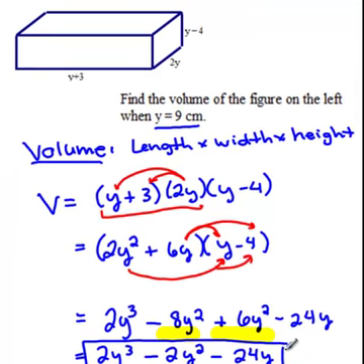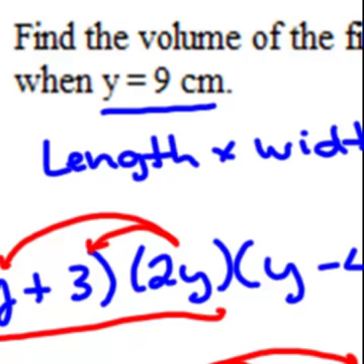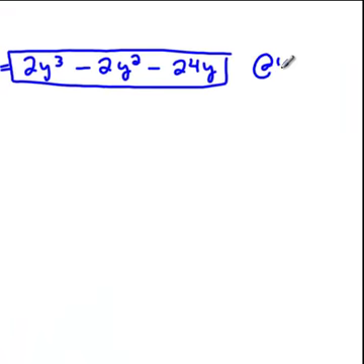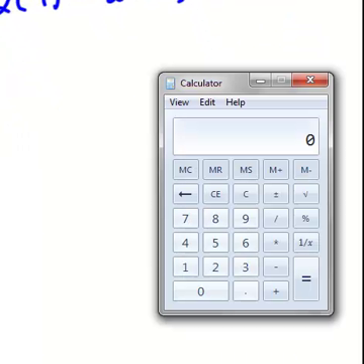in descending order. Now, if you want to take this answer and evaluate it for y equals 9, you can. So I have 2 times 9 cubed minus 2 times 9 squared minus 24 times 9. 9 cubed, I don't have that memorized, so I'm going to work that out. 9 times 9 times 9.